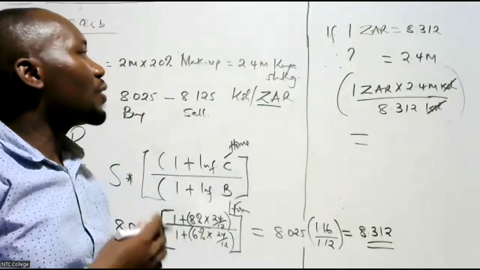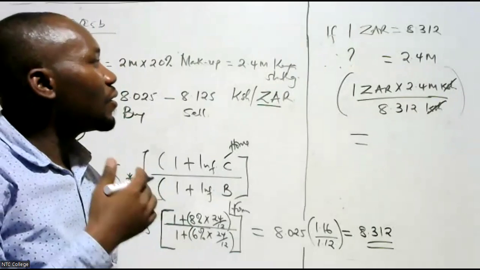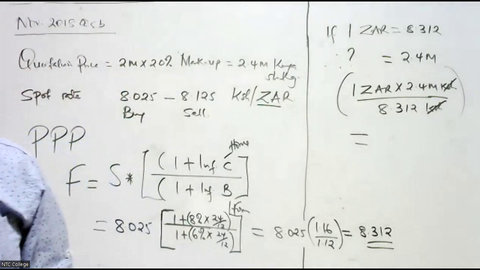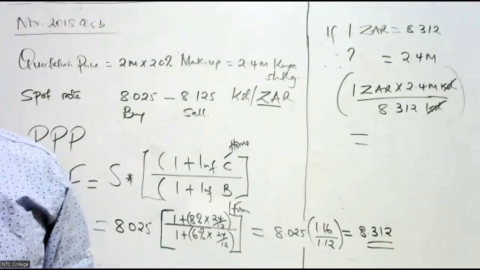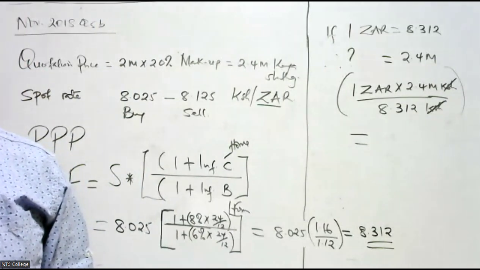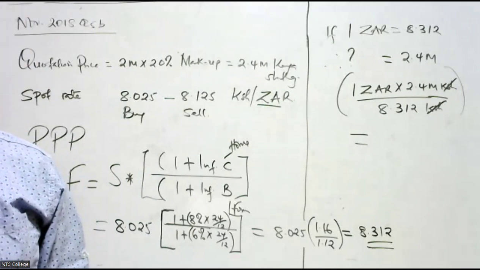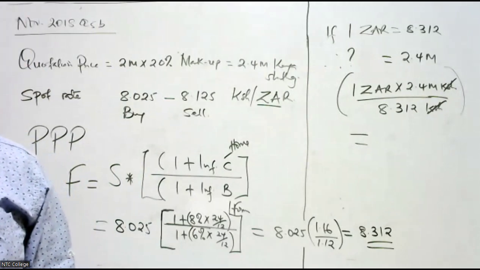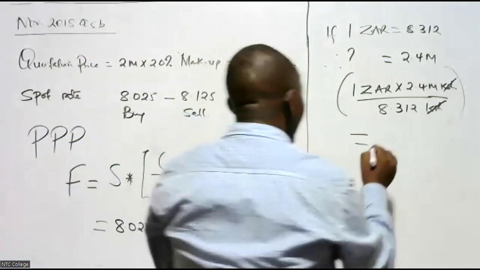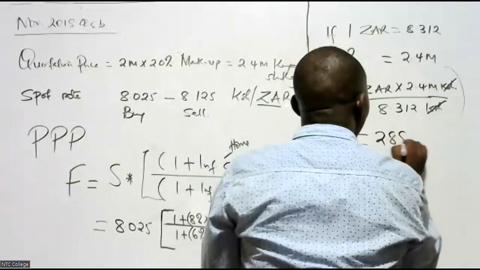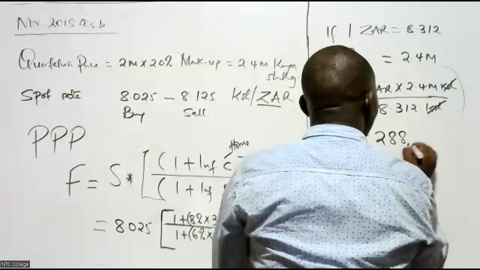So you can just put it 2.4 million, just have it full. So mimi nitaka kufanya full. Ndio kazi yangu ikuwe rahisi. So that is 24,000,000 divided by 8.312. So 288. So I'll put for them to give me this amount.